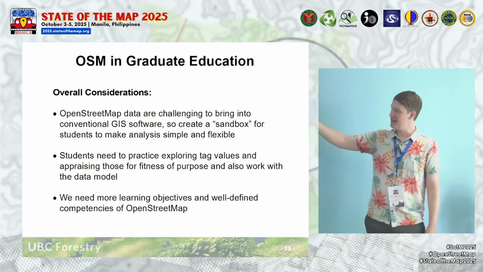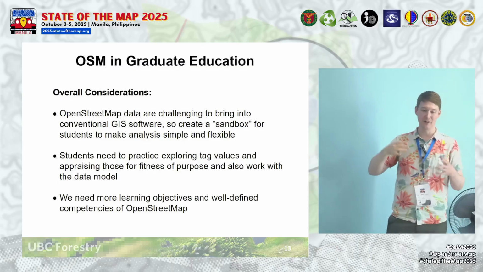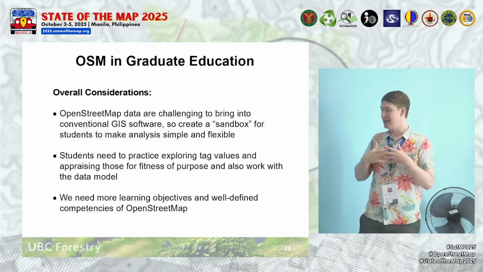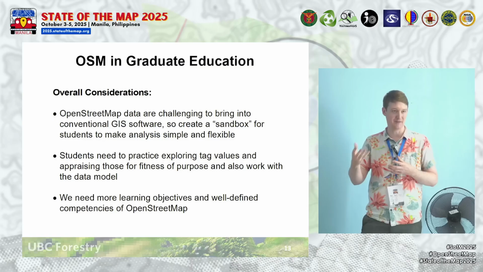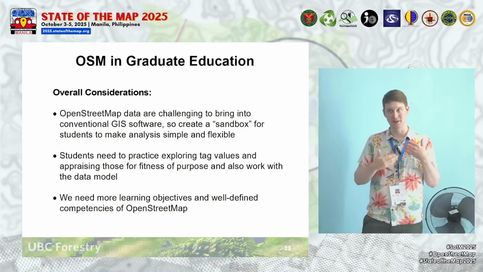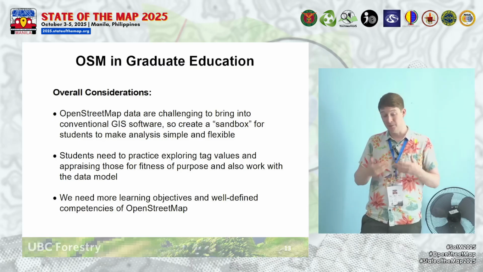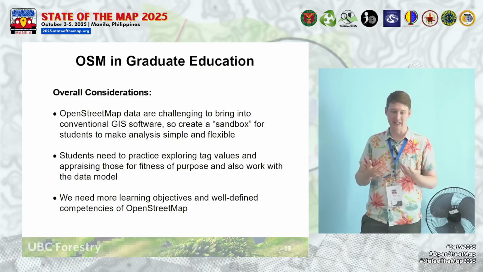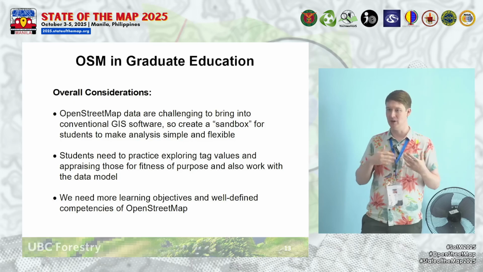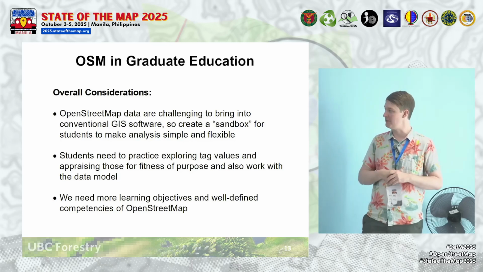The other piece is that they obviously need a lot of practice exploring the tags, understanding the depth of that problem of the tags and the absence of values, presence of values, the fidelity, suitability of use of those different tags for their work, and also with the data model, potentially in the case that they want to download data or use it in some other way.